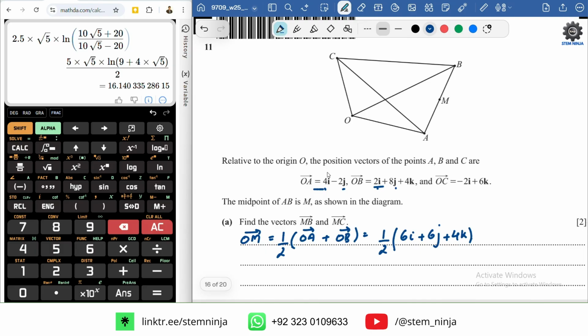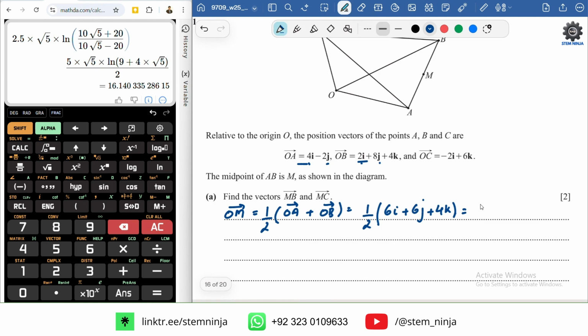So 4 plus 2, 6, minus 2 plus 8, 6 also, and then plus 4k. This becomes 3i plus 3j plus 2k.